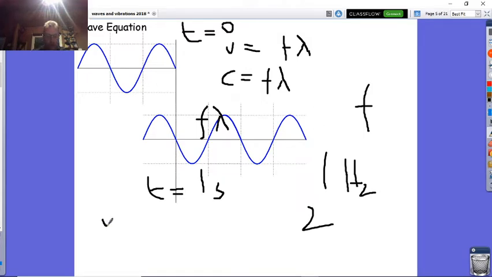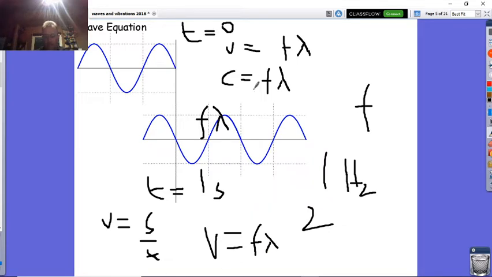Now, you know your velocity is simply going to be your distance over time. Therefore, if you really think about it, say time is going to be 1 second, I know the wave is going to travel F times lambda forward, which is going to be the distance. Therefore, that's where V equals F lambda comes from.